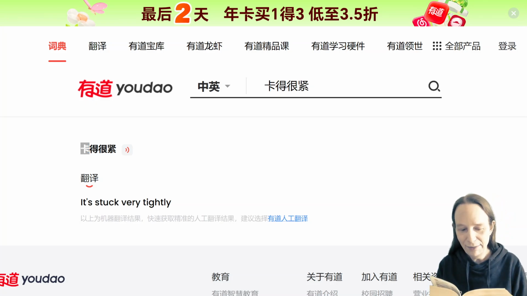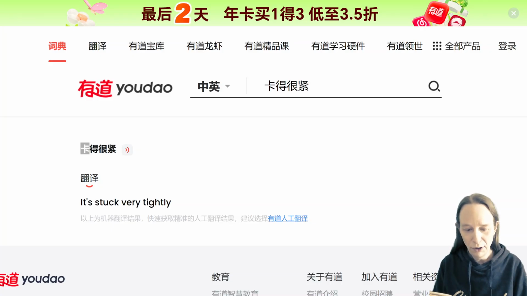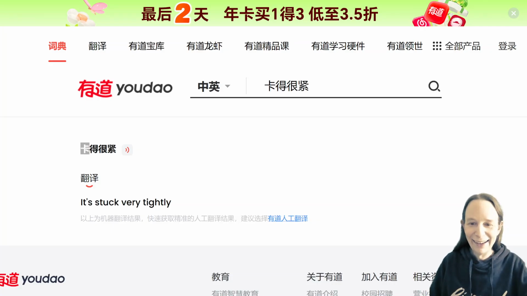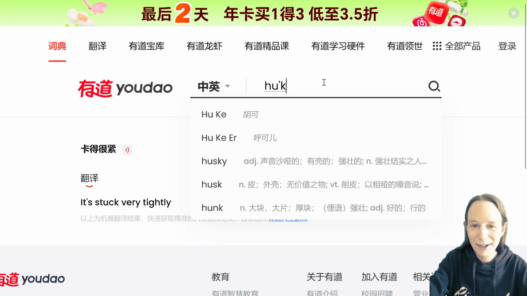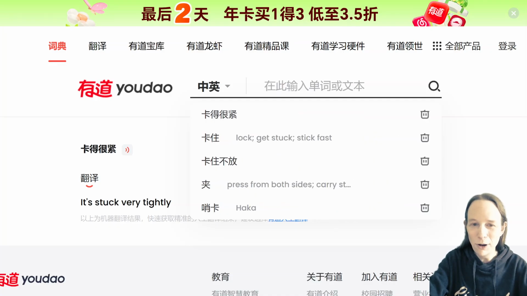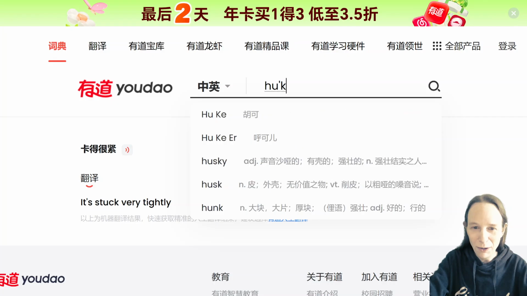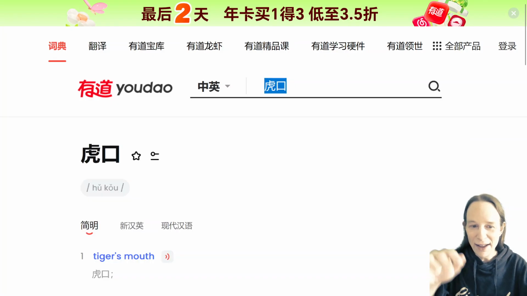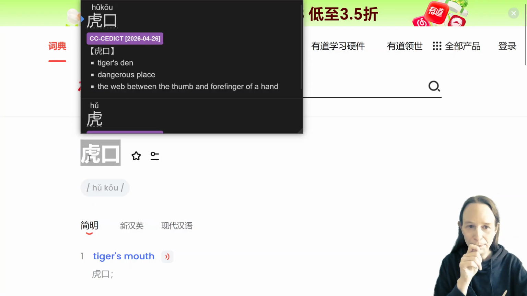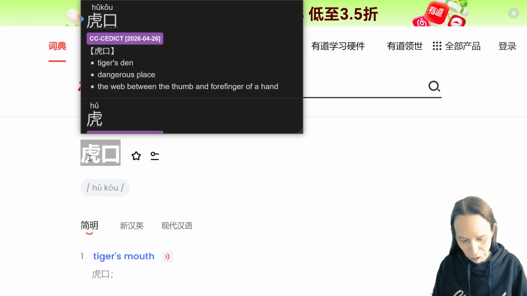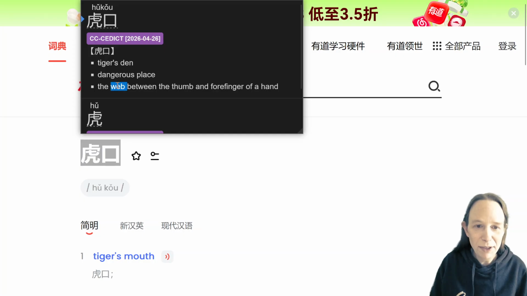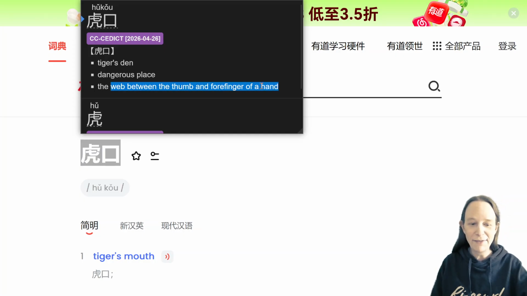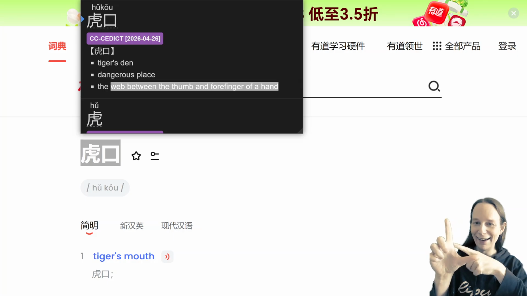Anyway, number 5, also a verb. 用手的虎口紧紧按住. What is 虎口? Not this 虎口. That's 虎口, right? Tiger mouth. What is a tiger mouth? Dangerous place. 用手的虎口, the web between the thumb and the forefinger of a hand? What?